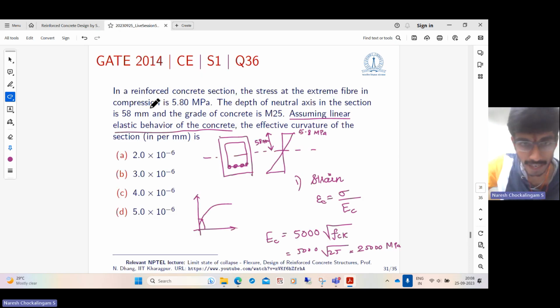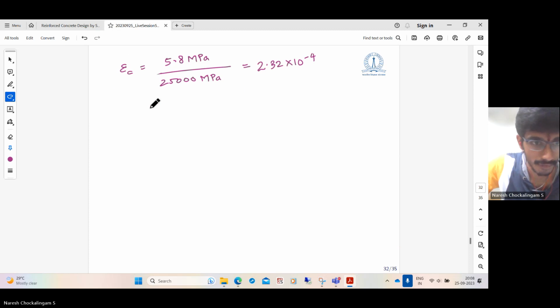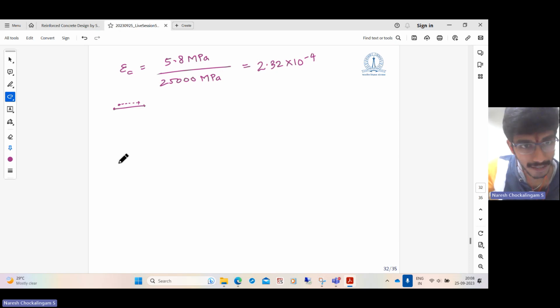If you take two adjacent sections, what is the physical meaning of strain? If you take a fiber initially of length 1, after deformation it shortens with a strain of minus 2.32 into 10 power minus 4. And below the neutral axis, you have some other strain.